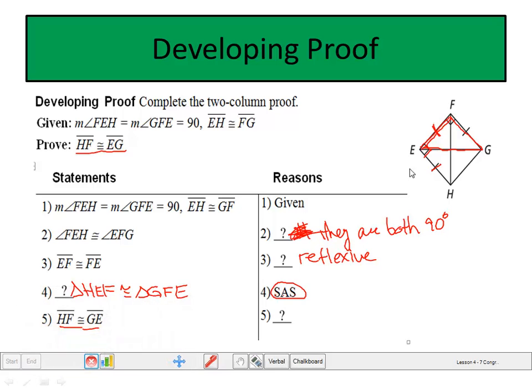So if 2 triangles are congruent, what can we say about all the parts? Corresponding parts of congruent triangles are congruent. By the way, recall from yesterday, HF and EG are the what of these 2 right triangles? The hypotenuse. Correct. Awesome.